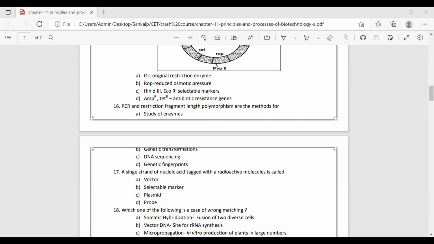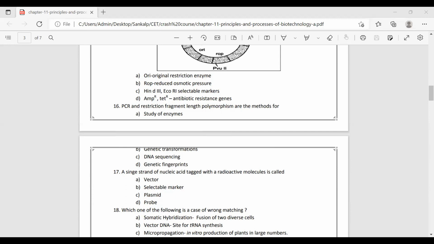16th question. PCR and restriction fragment length polymorphism are the methods for option A, study of enzyme. Option B, genetic transformations. Option C, DNA sequencing. Option D, genetic fingerprints.